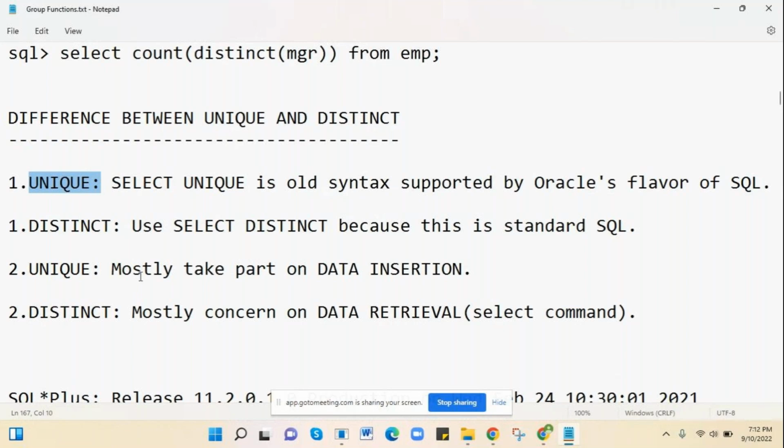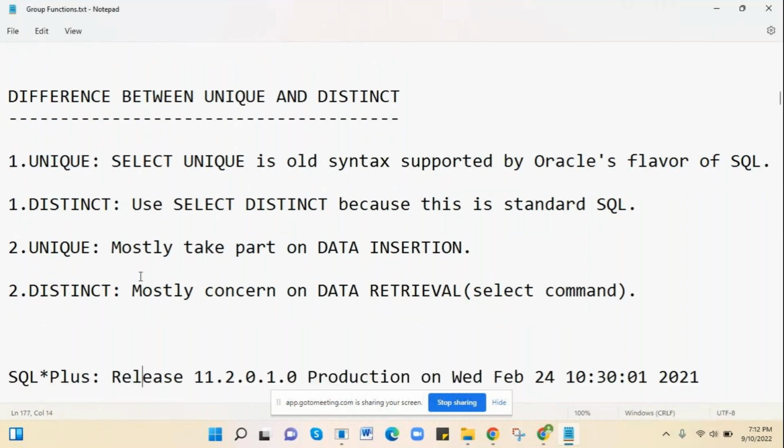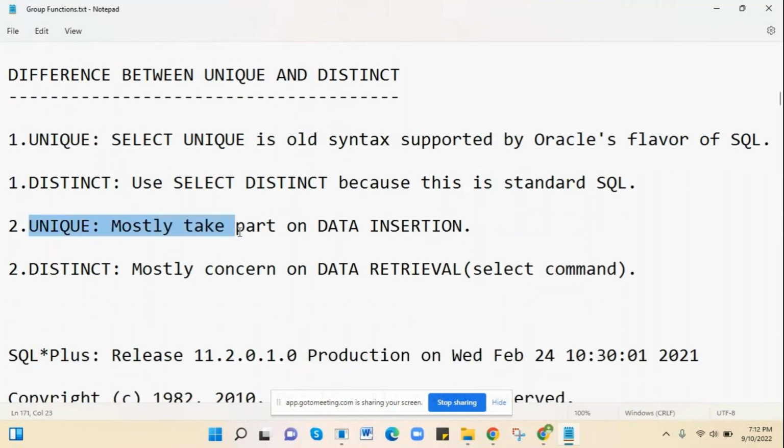Unique mostly takes part in data insertion, in PL/SQL, when we need to insert the data. At that time, we use unique. Next, distinct is mostly used in select statements, for data retrieval.